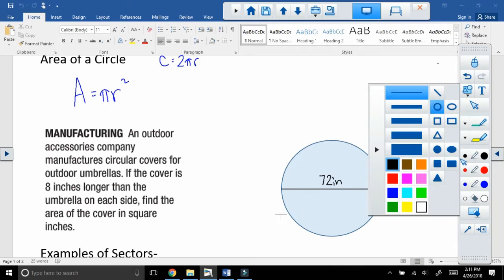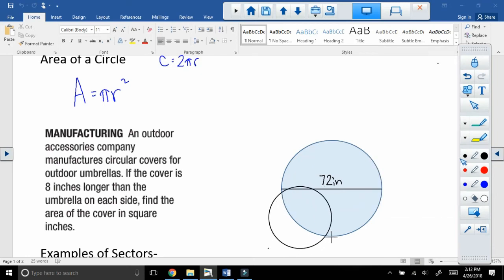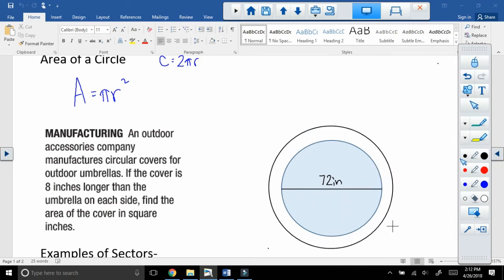So here we have this extra circle, and it says it's 8 inches longer on each side. So this would be an extra 8 inches, and this would be an extra 8 inches. The goal is to find the area. Before I can find area, I need to find what the radius is.